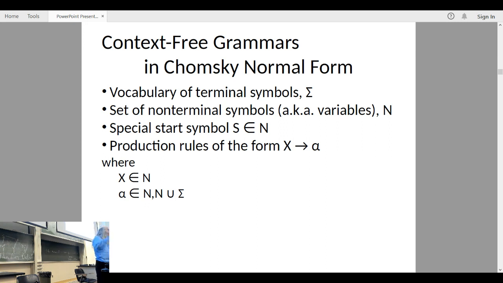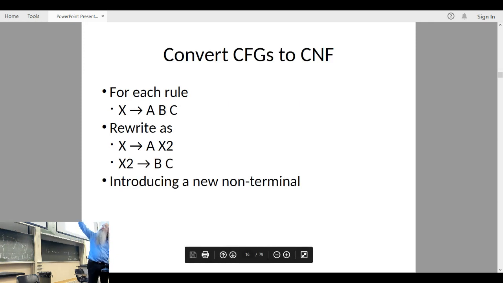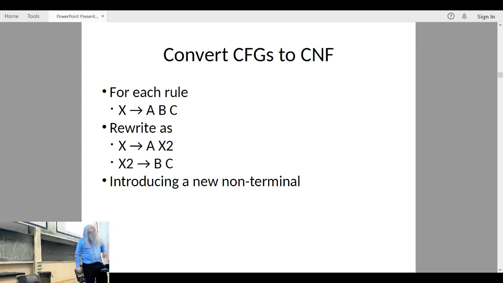Okay, so it really means it's binary branching rules. And you can trivially do that if you have a grammar that's got 3 things on the right-hand side. You just introduce a new non-terminal. In this case, we called it X2, and we just said that X goes to A X2, and X2 goes to B C. That's going to recognize the same grammar. The trees, the number of derivations is going to be different, but you could work out how to put them back together again if you had to.